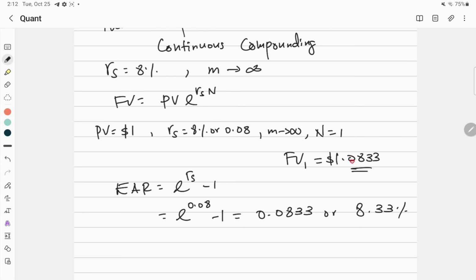At the end of the year, we got 1.0833, and the interest we got is 1.0833 minus $1, which is 0.0833. This is the total interest that we obtained at the end of the first year with continuous compounding. And 8.33% will be the effective annual rate for this type of investment that has these characteristics.